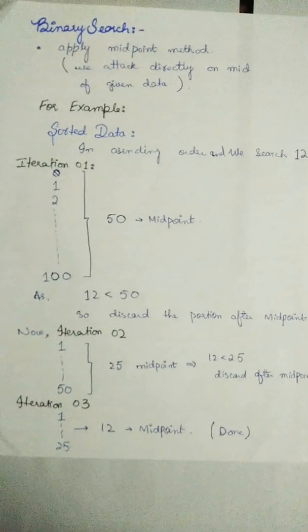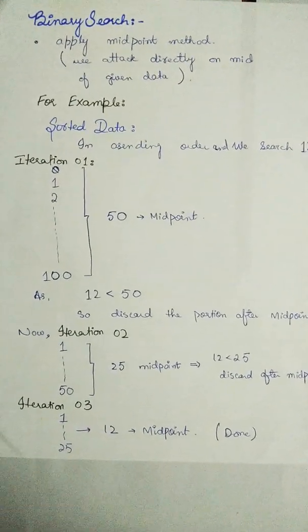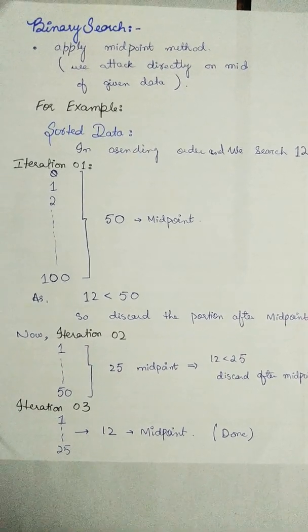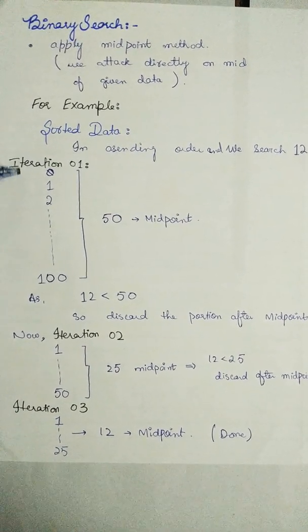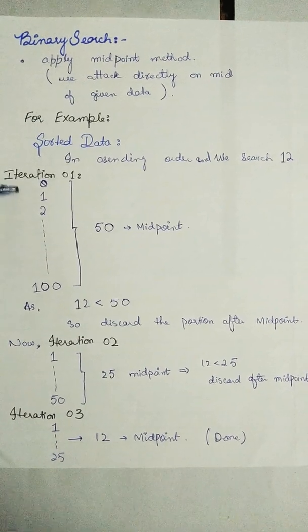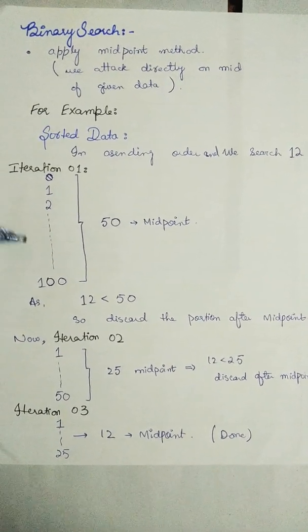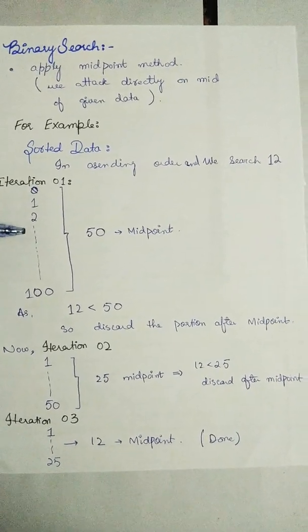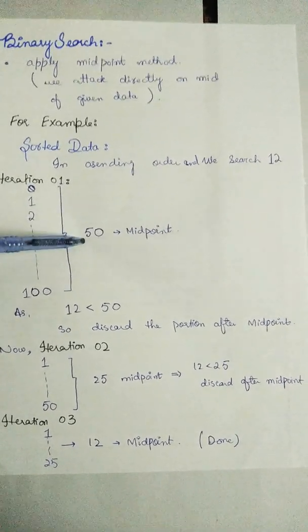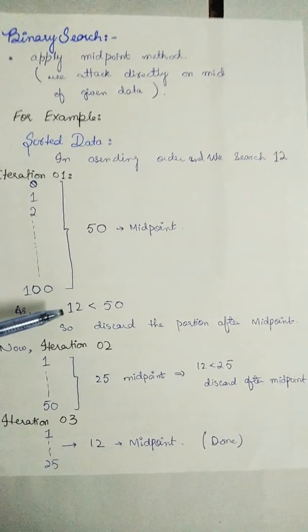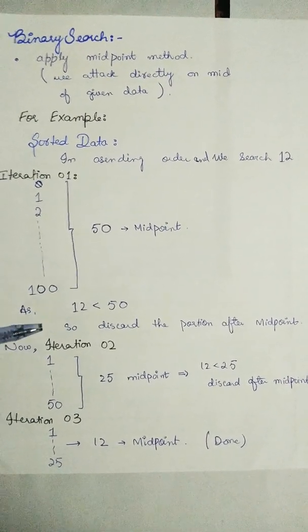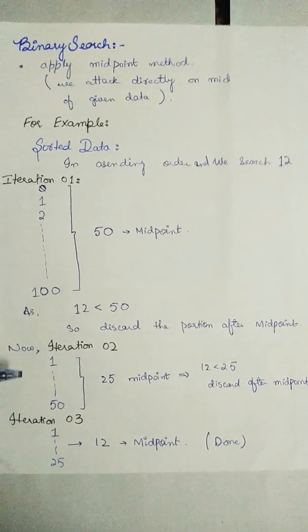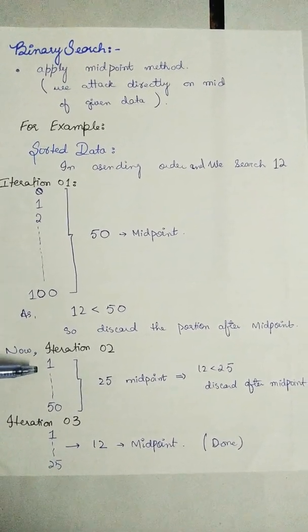Another technique is binary search. Apply the midpoint method. We attack directly on the midpoint of the given data. For example, we have given data that is sorted and arranged in ascending order. We want to search for the number 12. We directly attack on the midpoint, that is 50. As we see, 12 is less than 50, so numbers greater than the midpoint are discarded. We have only data left, that is 1 to 50.